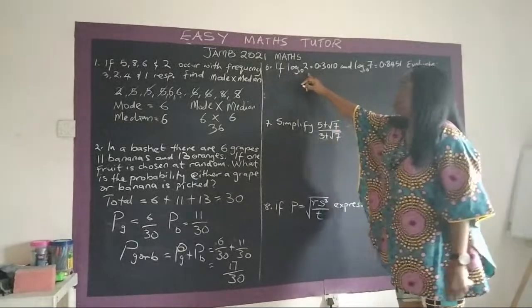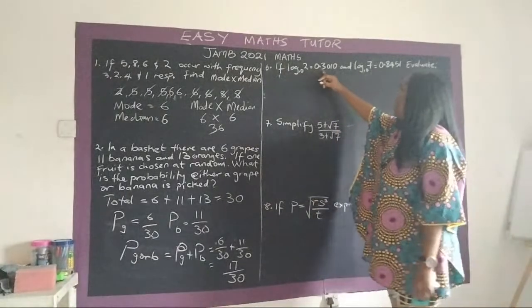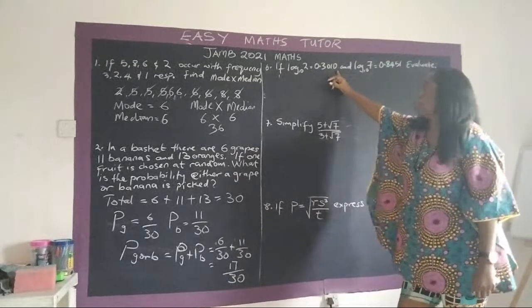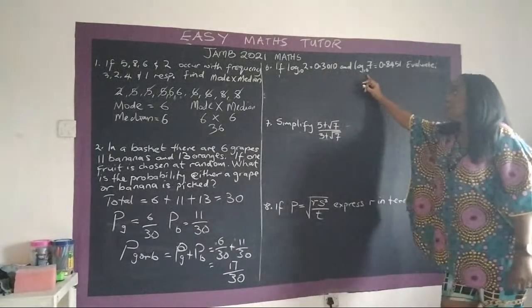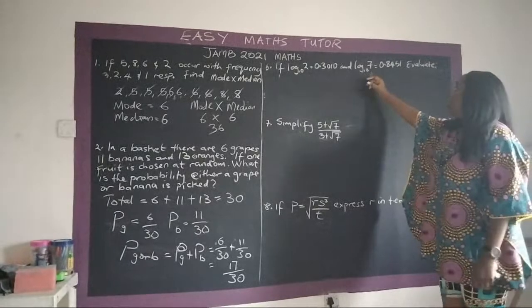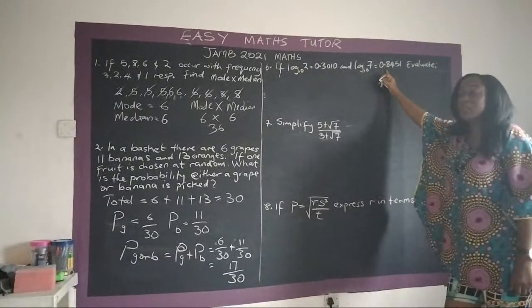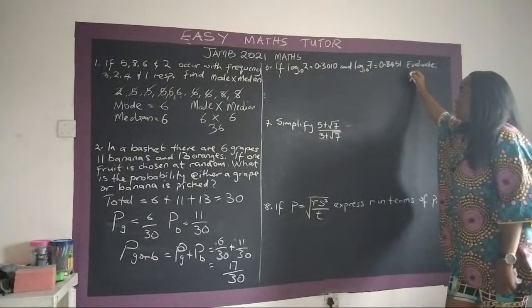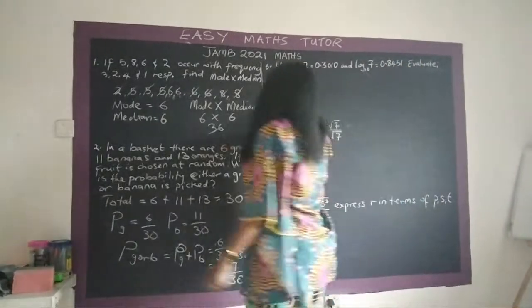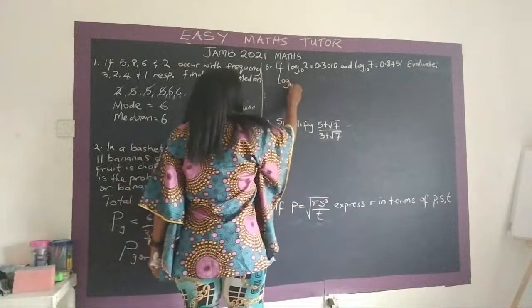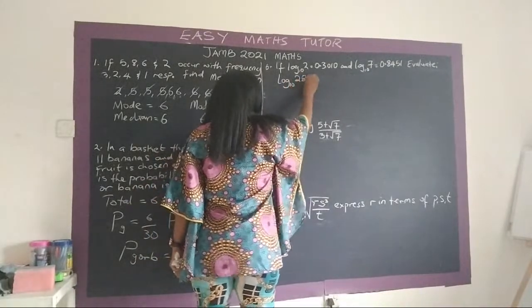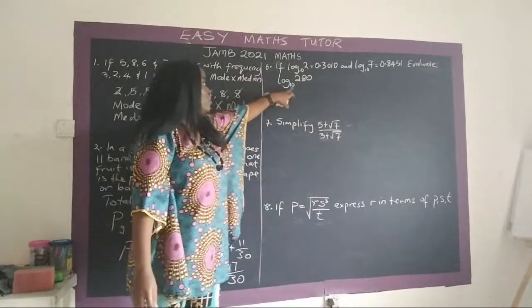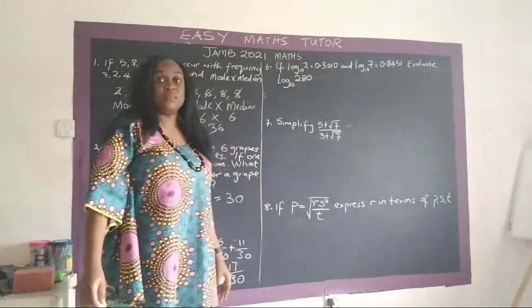If log 2 base 10 is given as 0.3010 and log 7 base 10 is given as 0.8451, what is the value of log 280 base 10?